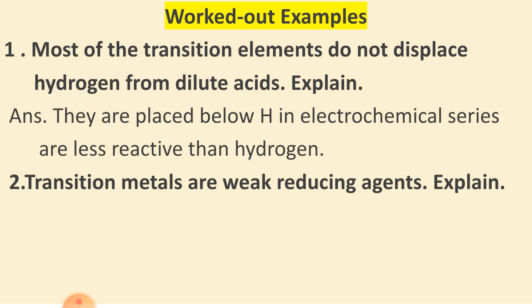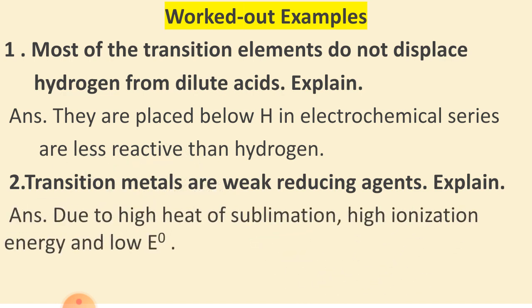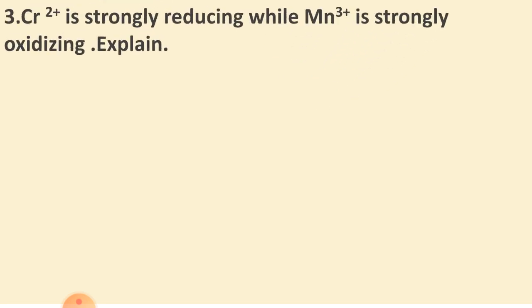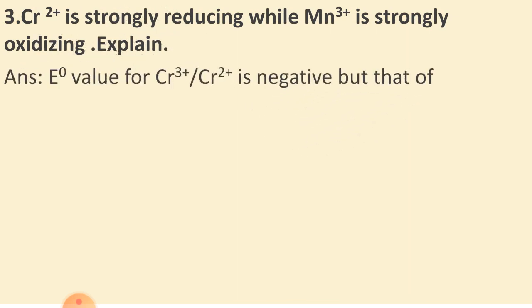Now second, transition metals are weak reducing agents. Explain. This I also told you in terms of E°: due to high heat of sublimation, high ionization enthalpy and low E° value, they are weaker reducing agents than s block elements. Now students, next question: Cr2+ is strongly reducing while Mn3+ is strongly oxidizing. Explain. This I also told you in terms of E° value.